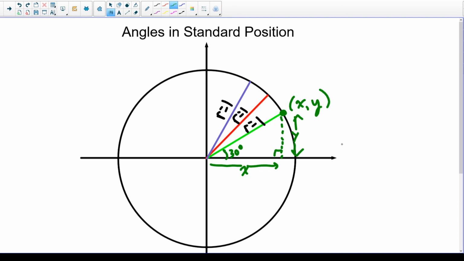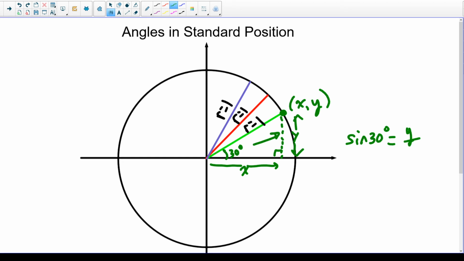But let's look at the trigonometry of that triangle. If I do the sine of 30 degrees, well, SOHCAHTOA tells us that the sine is equal to the opposite side divided by the hypotenuse. Well, the opposite side is which side in this triangle? It's the y height.